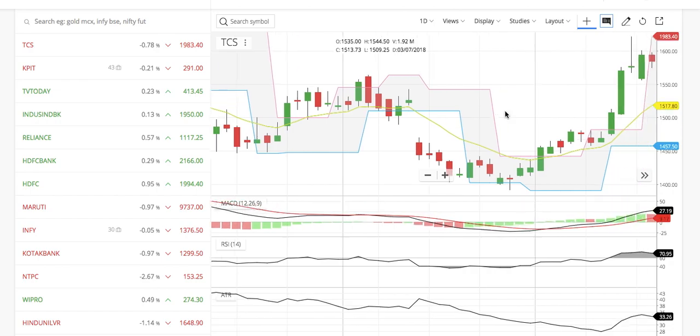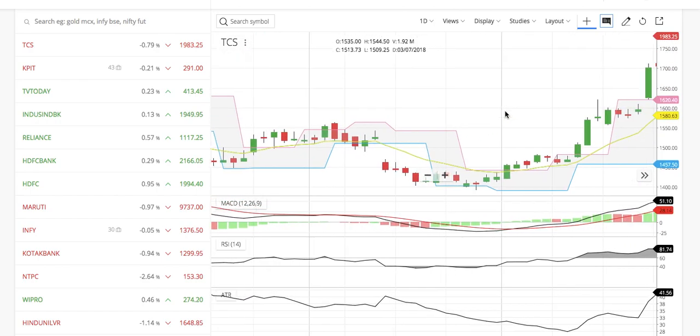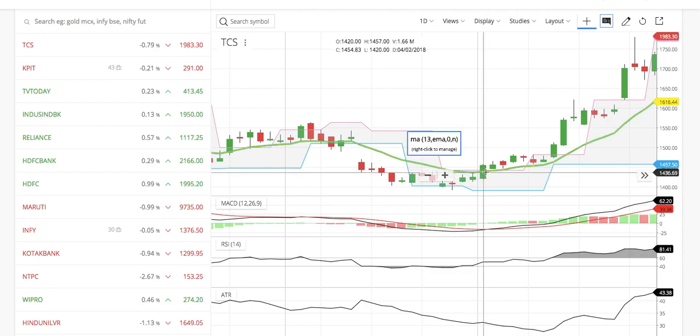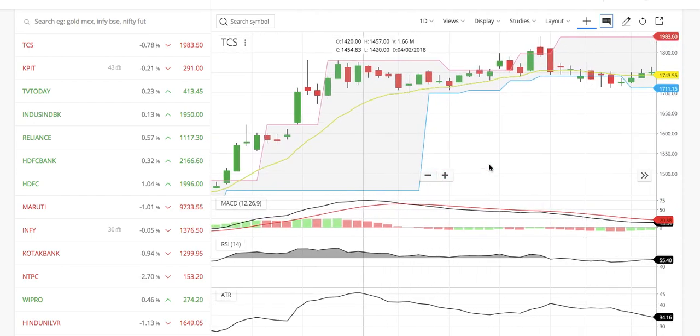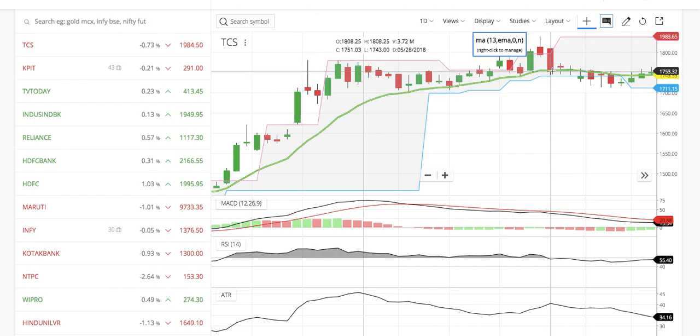All right, so just move on. And now we are at this particular major junction. This is the buy point. You are buying at 1444, and looks like the 1:2 is triggered, and you also take the trend following exit at the close of this, 1571.